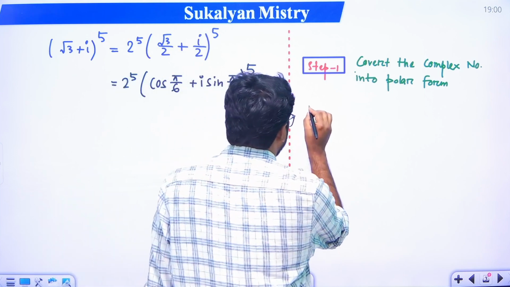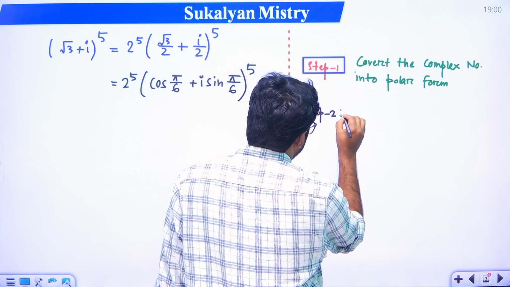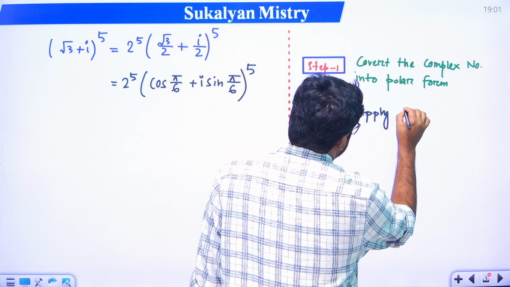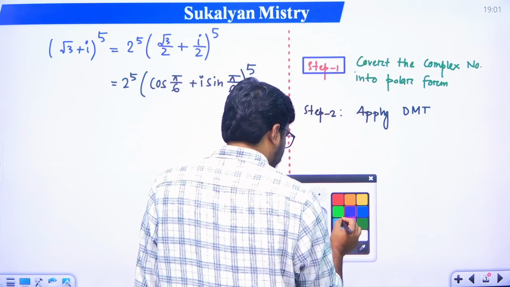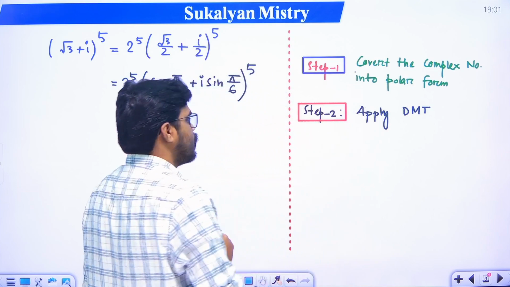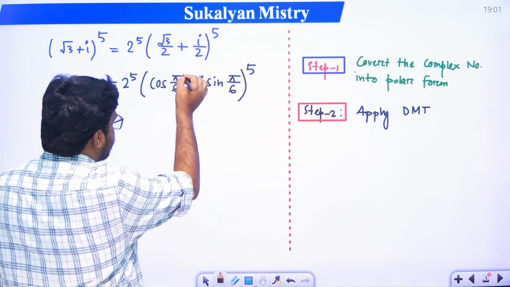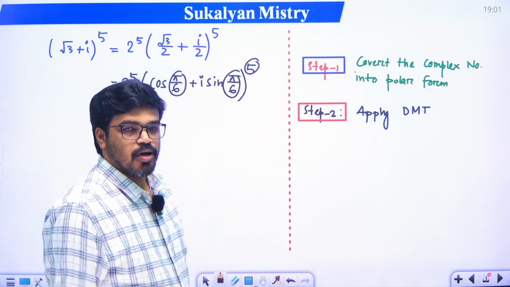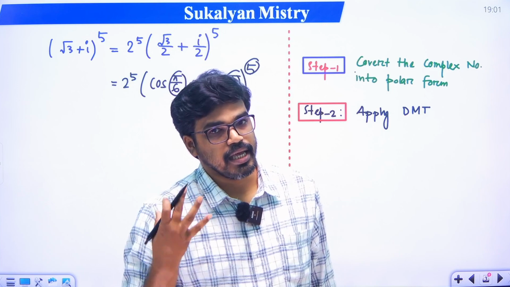So step 2, apply de Moivre's theorem. Okay. (cos theta plus i sin theta) to the power n will be cos n theta plus i sin n theta.